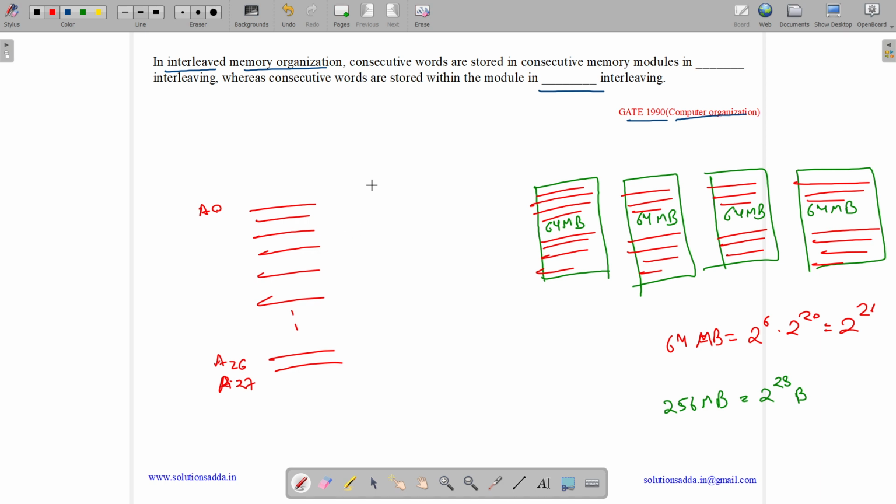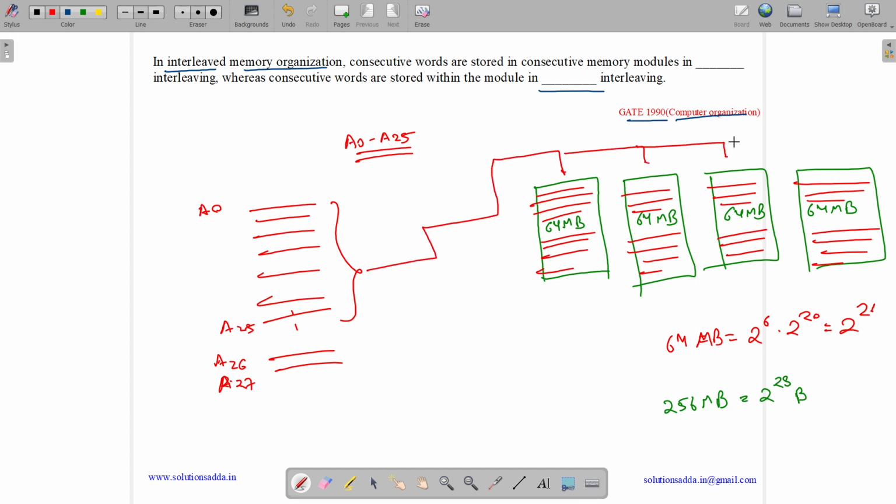In first case, we will assign A0 to A25 for selecting the address. It will go same over all the chips, and A26 and A27 will act as chip select. As we are using higher bits, it is called high order.